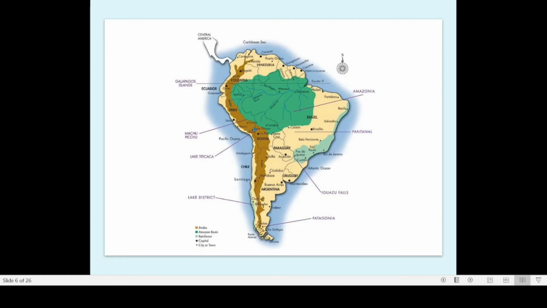Because the rain that is falling in the Amazon region, if it is not happening there, that rain will have to fall in some other part of the world. That is what is happening now.